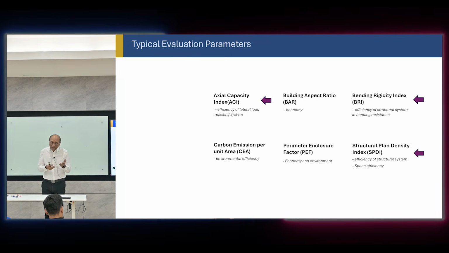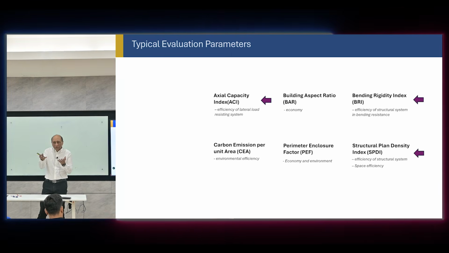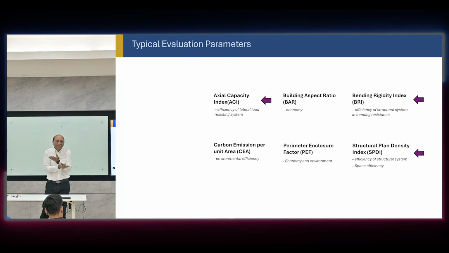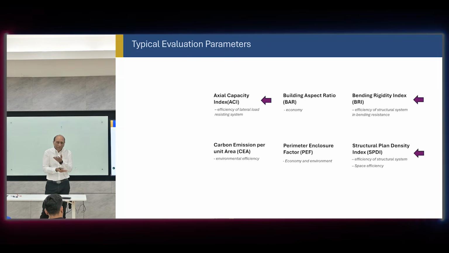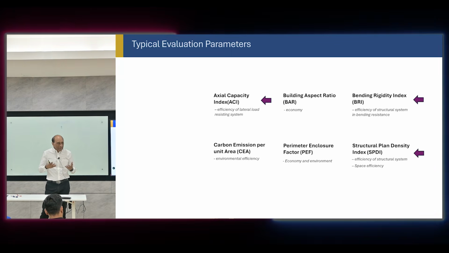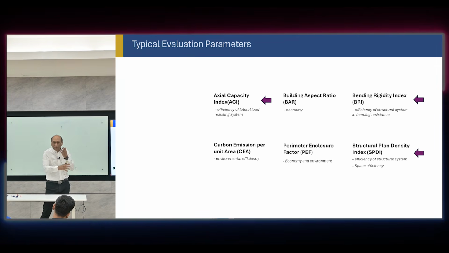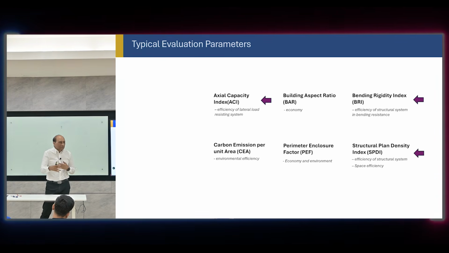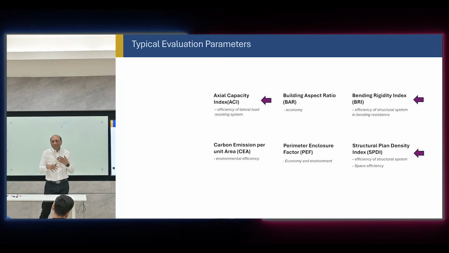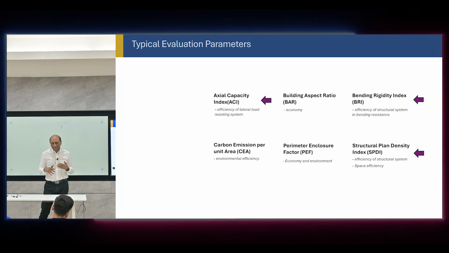So it's quite possible that using more steel may be uneconomical, but gives less carbon, right? So if somebody is saying, I want a more sustainable building, I don't mind paying more now, fine. You shift from a conventional economy to a sustainability economy, right?